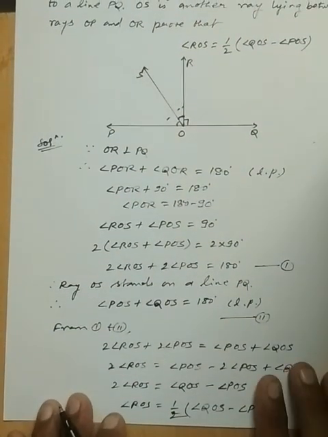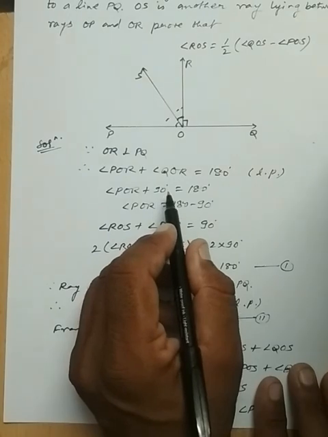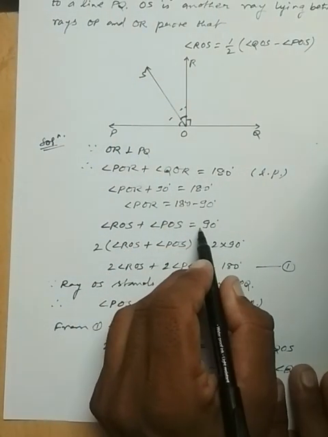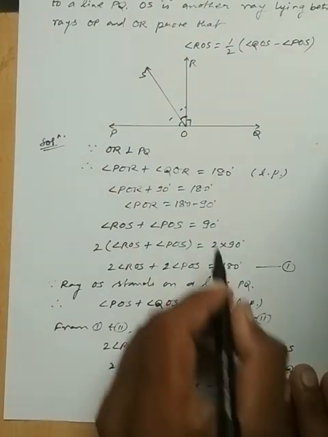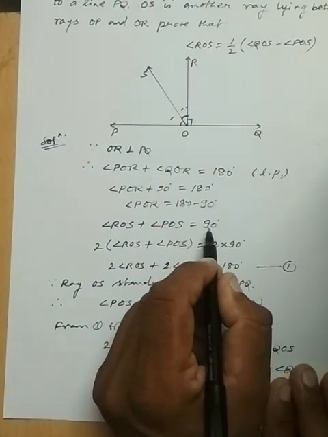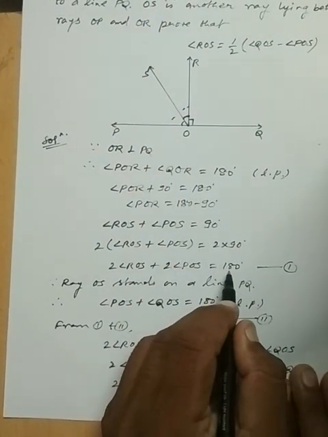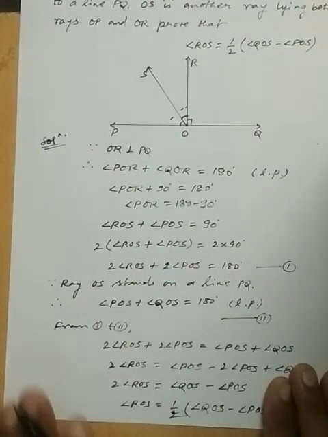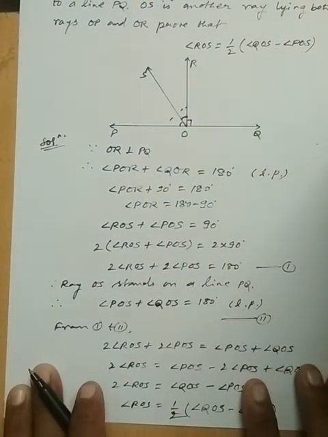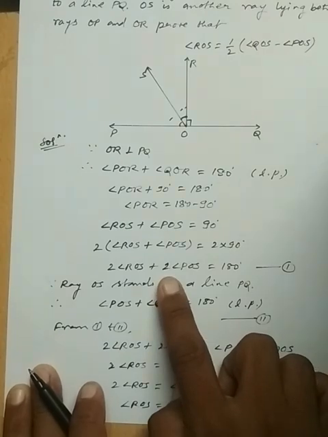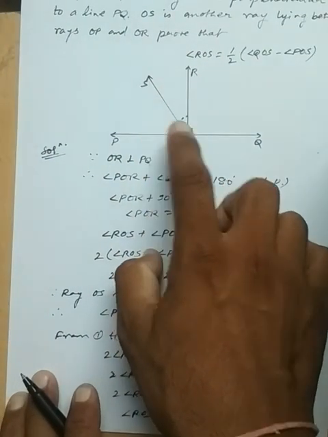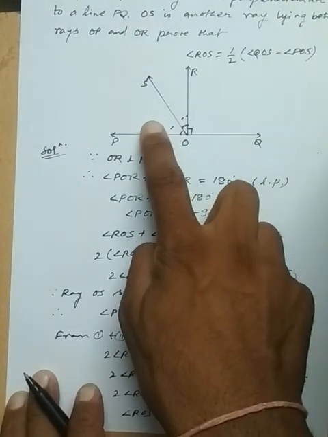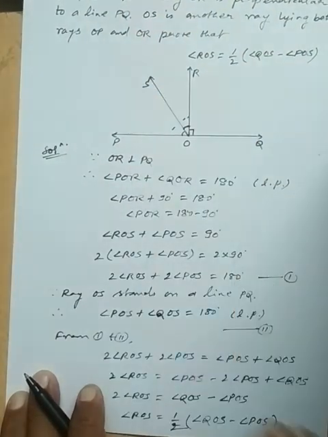In this question, one relation is with 90 degrees and another relation is with 180 degrees. So we should multiply by 2 in the first equation and convert it into 180 degrees, and both are equivalent. And these two equations give the relation between these angles: ROS, POS and QOS.